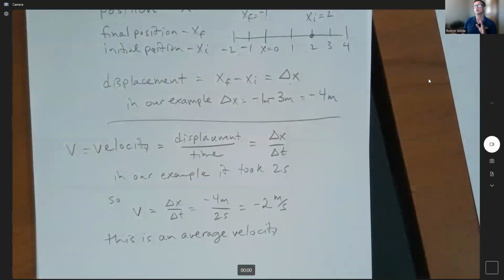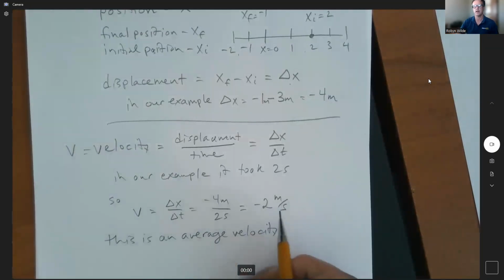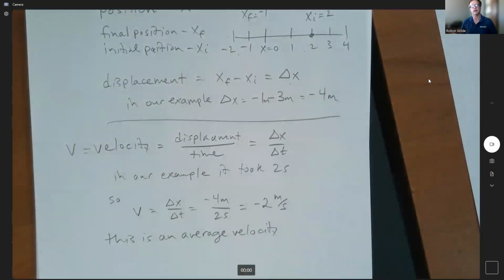I could go at what I would call a constant velocity, so that I just stayed at a speed of -2 the entire time that I was moving. But on the other hand, I could have also gone a little more quickly at the beginning and slower at the end, right? Now, typically what you would do is you would start out at 0 velocity, speed up, and then slow back down maybe as you come to a stop. That would be another example of moving between those 2 points.